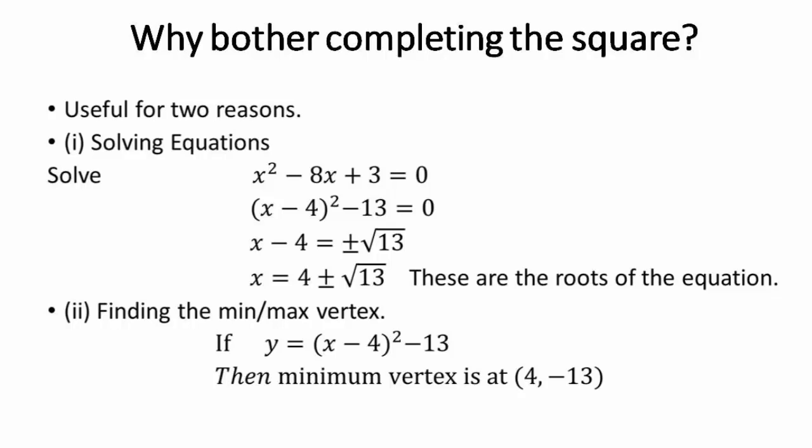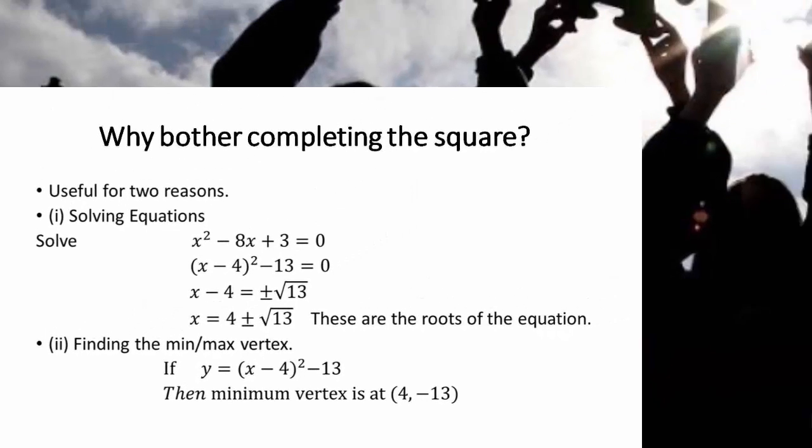And if we're trying to make this as small as possible, we'll want that to be 0. And when that something in the brackets squared is 0, y will be minus 13. Well, x will have to be 4 in order to make that bracket 0, and therefore y is minimized when x is 4 and y is minus 13. I like completing the square because it's quite logical.